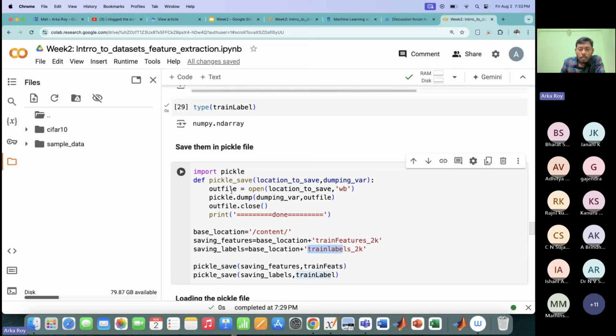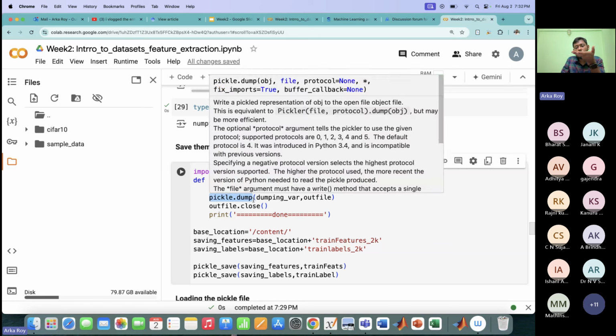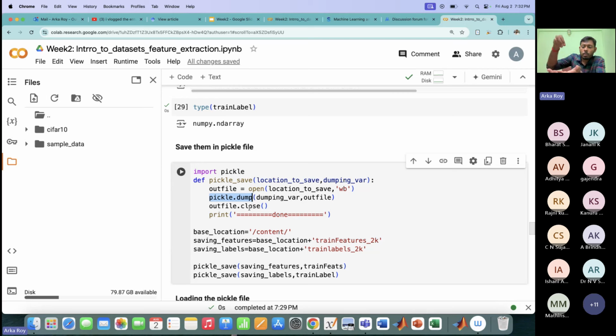If I just do the pickle.dump, it first creates a container and then it dumps the file into that container. Then out file.close: if you have dumped the file and then you close it, the container will close and your data will be saved.